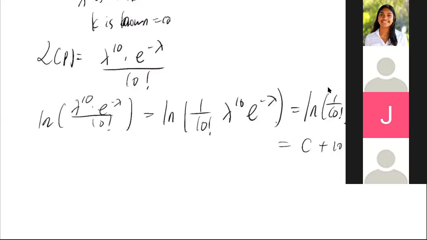And if you plug in lambda equal to 10, that's a number less than 0. That means it is concave down, and concave down means there is a local maximum. And since this is the only critical point in our function, that must be a global maximum.